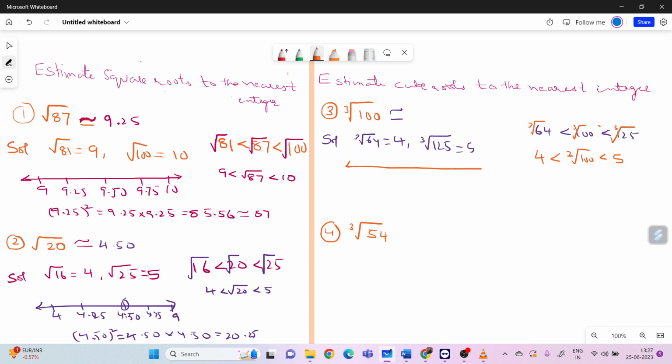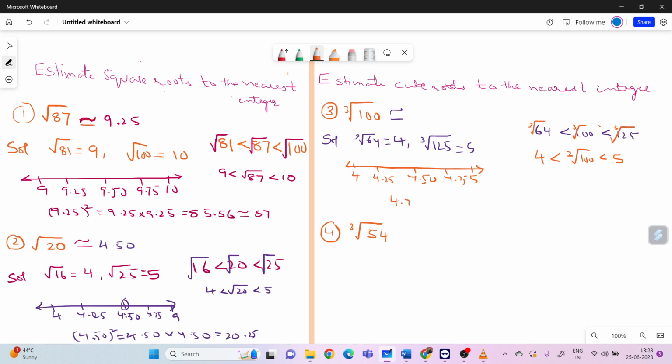So our scale, if you draw the scale between 4 and 5, our value lies between 4 and 5: 4.25, 4.50 and 4.75. Now if you see 64 and 125, it should be 4.50 or it should be 4.75 because it is nearly.